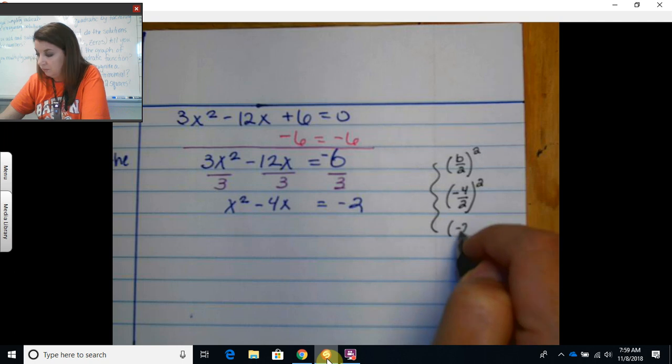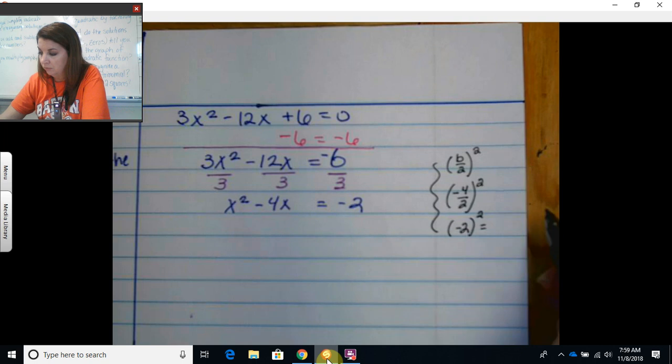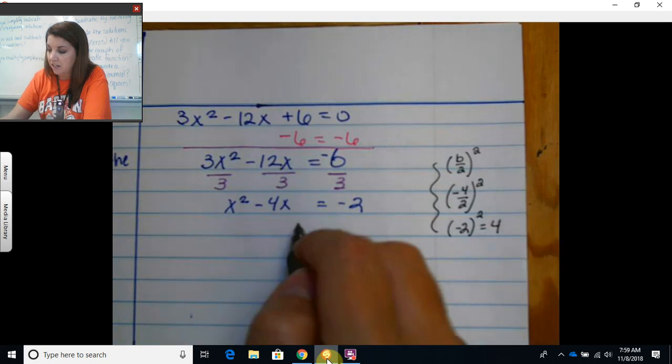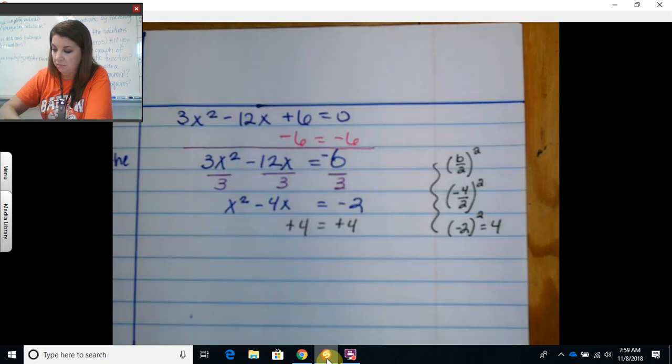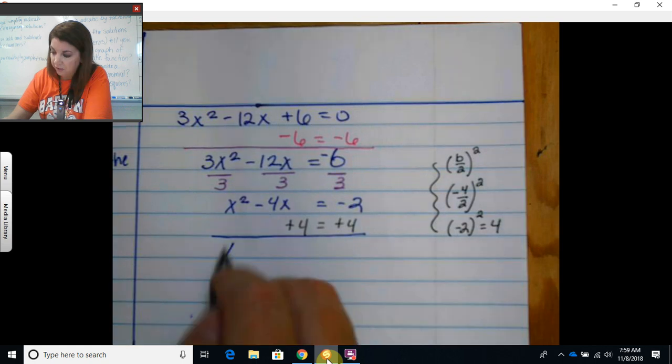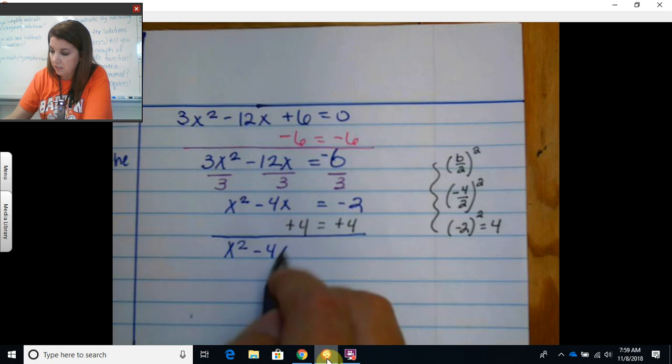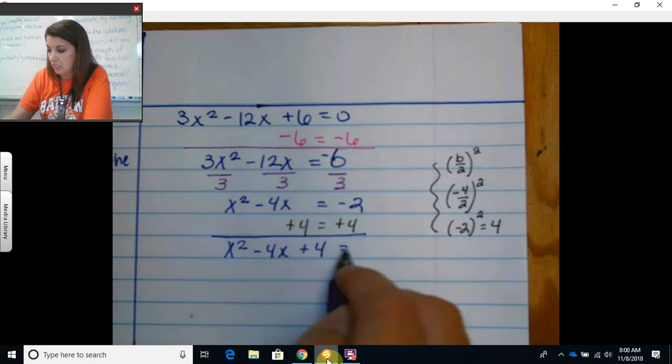What is negative 2 quantity squared? Positive 4. We're going to add a 4 to both sides of the equation. So we get x squared minus 4x plus 4 equals positive 2.